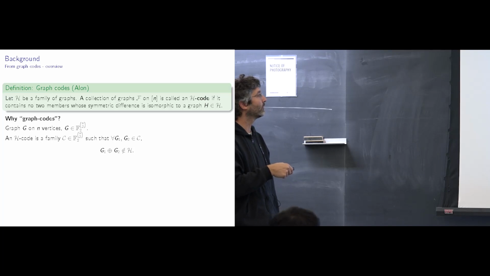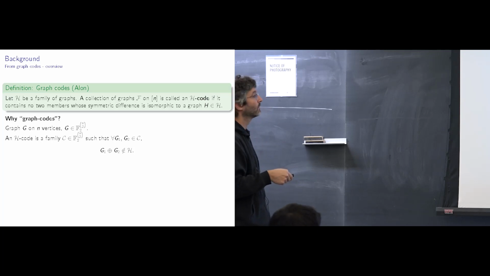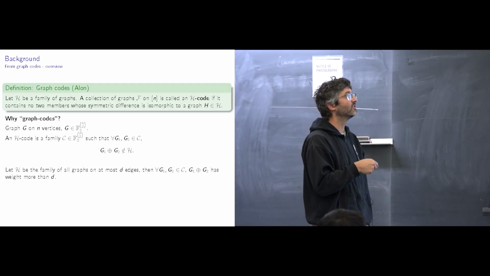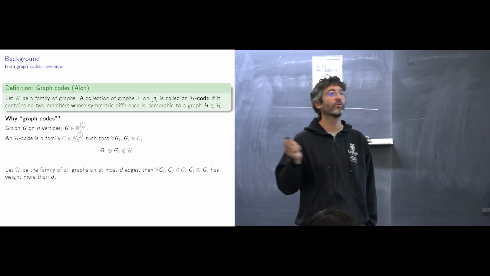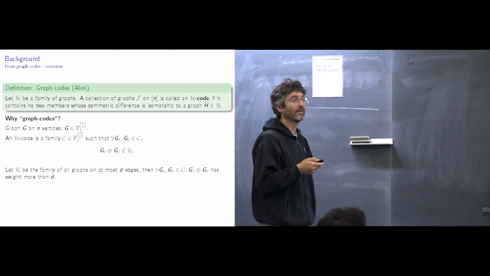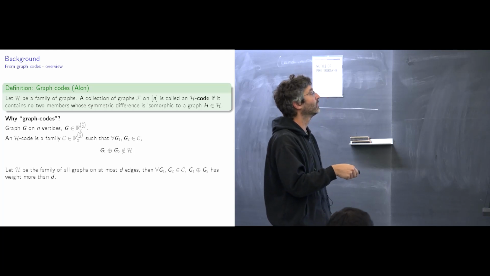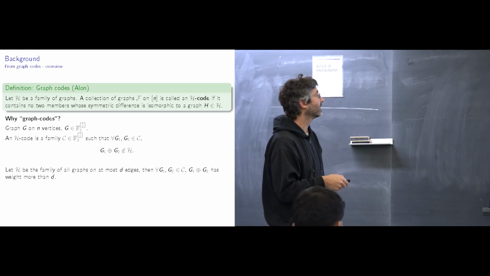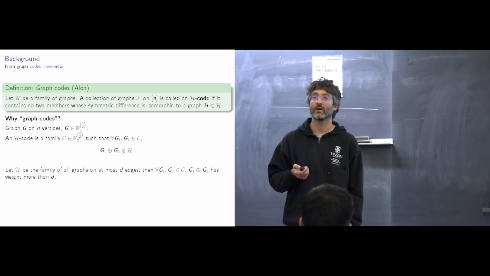It's a code word over the finite field of 2 elements, such that if you have any 2 of them, then the symmetric difference, or the sum modulo 2, is not in H. And now, if I decide that in H, my family initially, what was the triangle, for instance, I've got all the graphs with at most D edges, it means that in my H code, no 2 graphs sum to something with weight more than D. Okay? So in that case you retrieve the concept of minimum distance of a linear code.